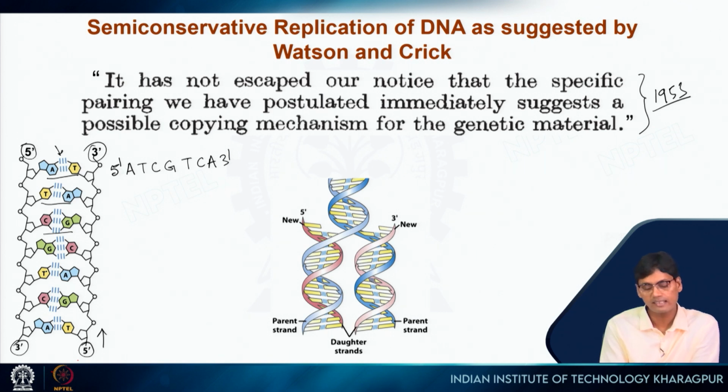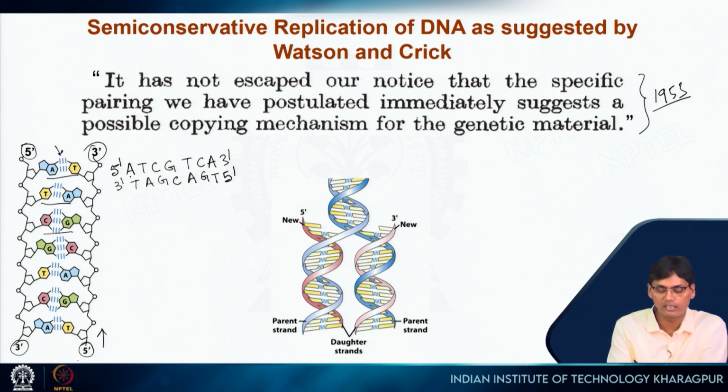Then the complementary strand should be 3 prime, T, A, G, C, A, G, T and 5 prime. But here this is double stranded DNA, they have hydrogen bonding between this A, T, G, C, all those things.